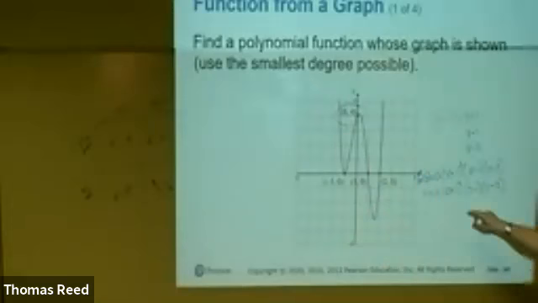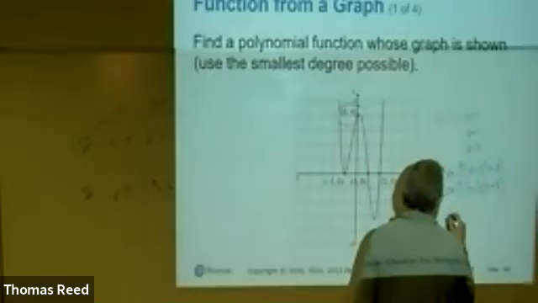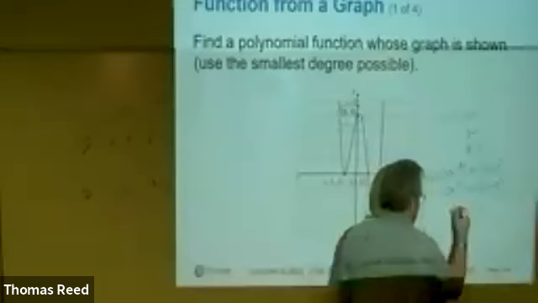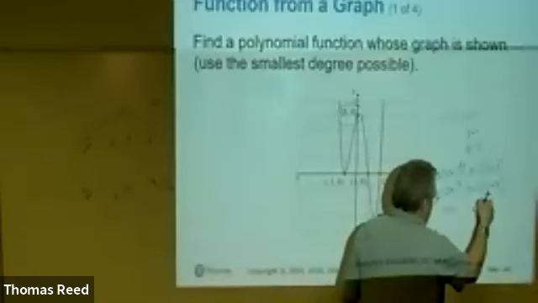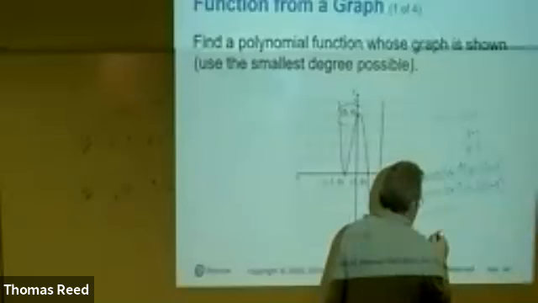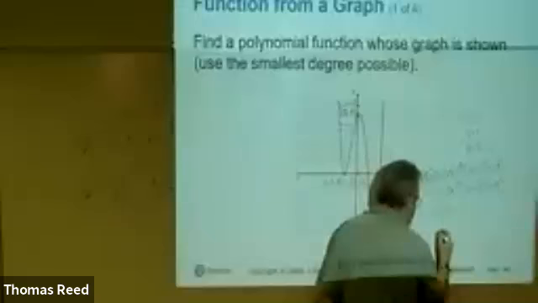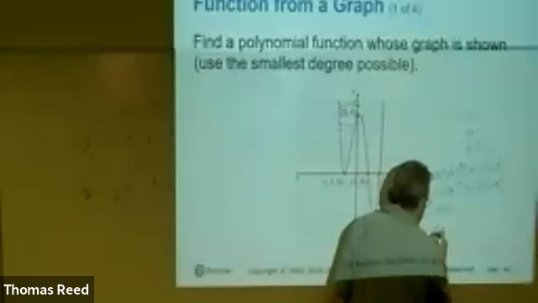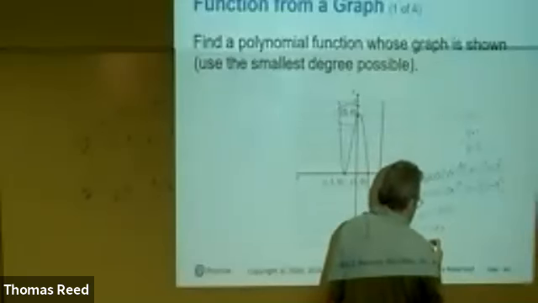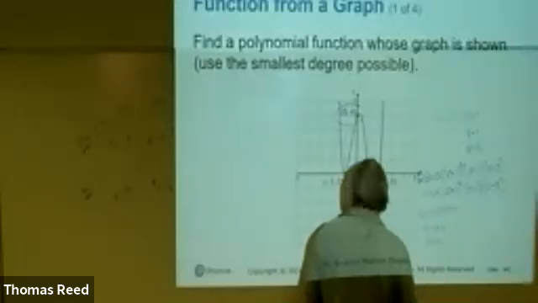0 plus 1 is 1. 1 squared is 1. So that's going to be 1 times a times 0 minus 1 is a negative 1. 0 minus 2 is a negative 2. So negative 2 times negative 1 is a positive 2. 2 times 1 is 2. So this is 2a equals 4, or a is 2. So I replace this a with a 2.